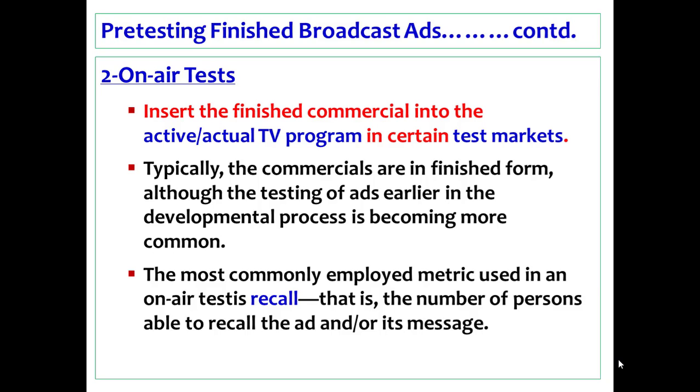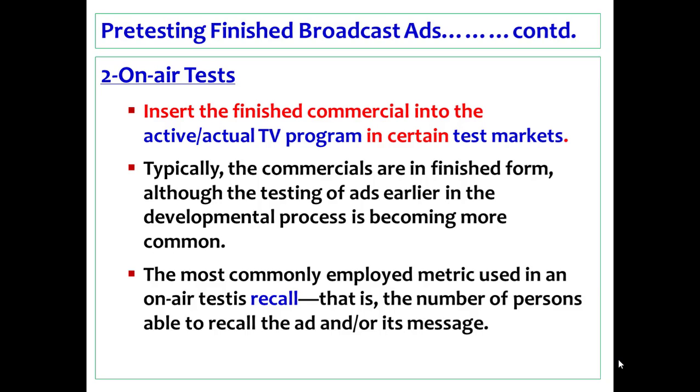Typically the commercial is in finished form, although testing ads earlier in the development process is becoming more common. Here again, in this stage, they measure whether they recall the message, the information they watched in the actual TV program or not.